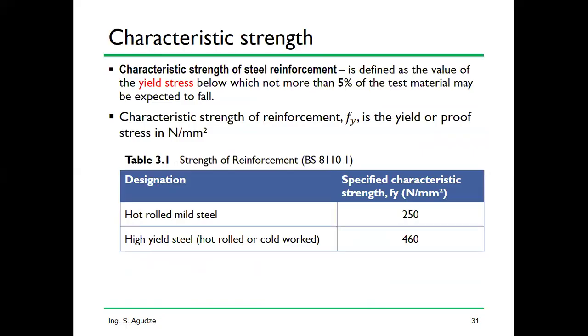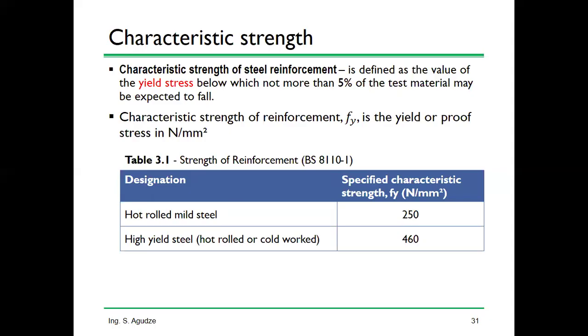So when it comes to the reinforcement, the characteristic strength of the reinforcement is the same thing. So we are saying that the test results, not more than 5%, should be less than that.